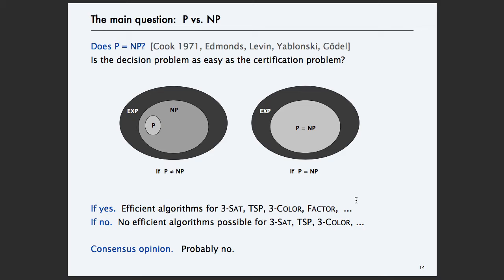But it could happen. Maybe someone in this classroom will prove it, right? And hey, if you prove that P is not NP, then you'll be in history books.